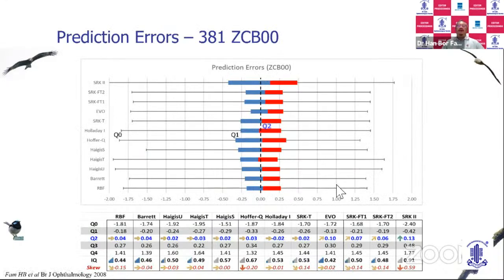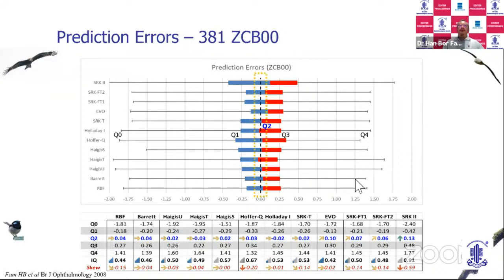What we are interested in is the 4 quartiles. Usually the outliers may be problems due to other than the formula, but what we are more interested in, these are all optimized. That means the mean prediction error, which is the actual post-op refraction minus the predicted refraction, the mean of all the eyes should be 0, but we are looking at the quartiles, so the median prediction error should be close to 0 unless it is severely skewed.